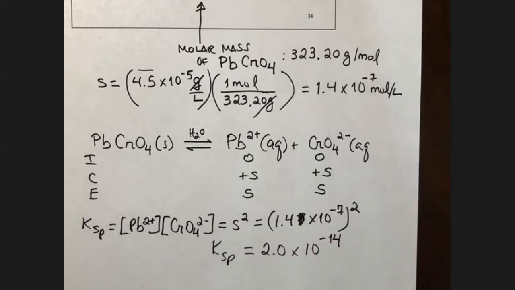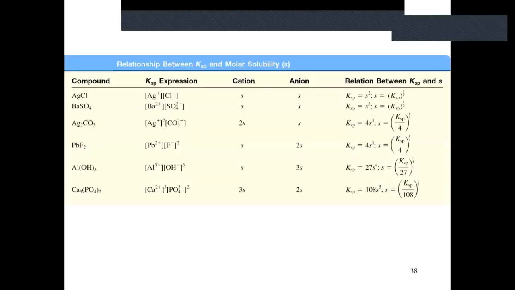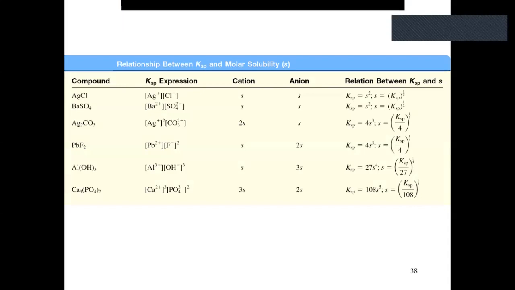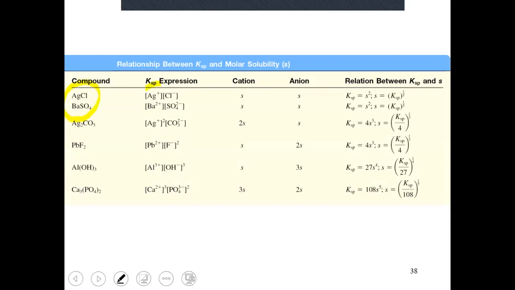Okay, let's go back to our PowerPoint here and see where we're at. Okay, so we have the answer to that one. And here is a table that shows you some relationships. I think right now we have dealt with some fairly simple cases where you have a 1-to-1 ratio of the two ions, where the Ksp is simply the molarity of one times the molarity of the other.